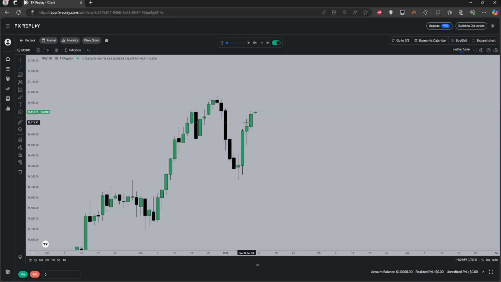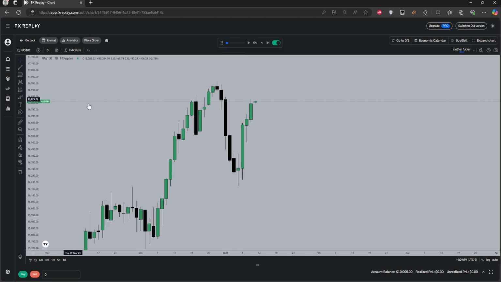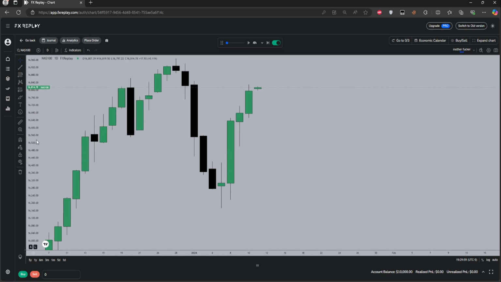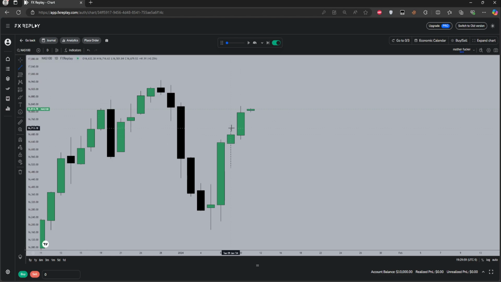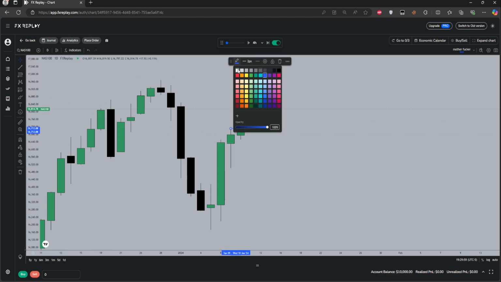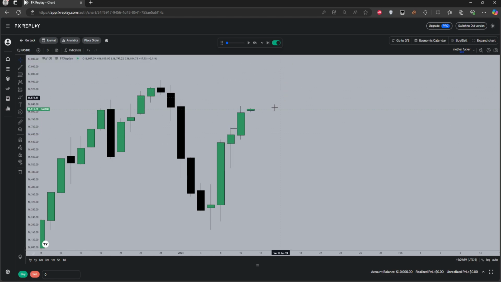So we can see here, let's zoom in a little so it's easier to see. Here, we closed above these daily highs right there with a body. Where is our next strong liquidity? Right here.